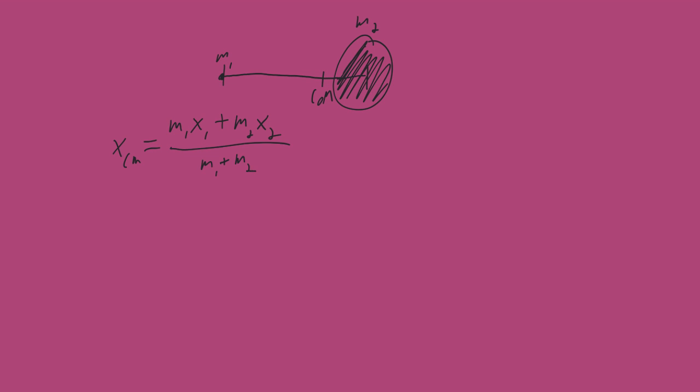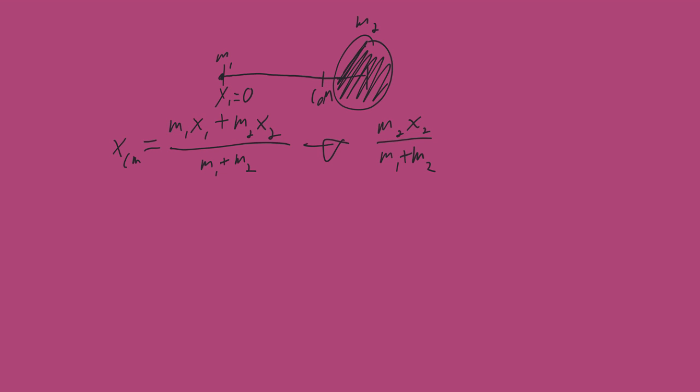Now, we can easily make x1 equal to 0, and so this equation might simplify into mass 2 times x2 divided by the addition of the two masses.